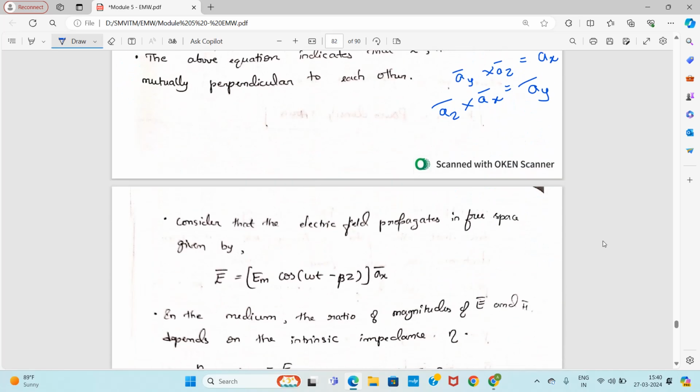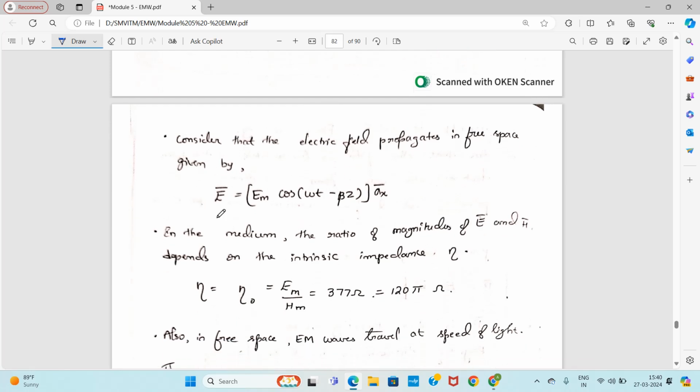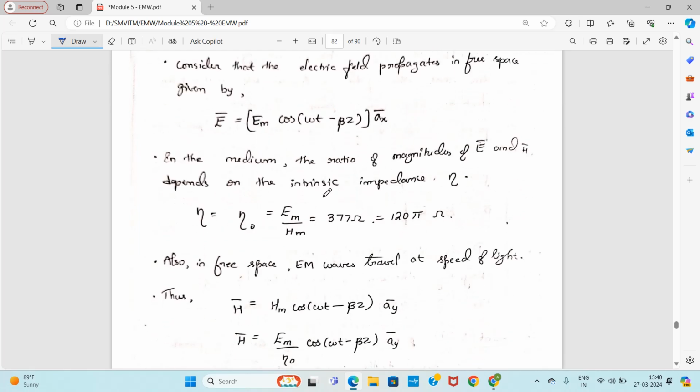Next, say I have an electric field wave which can be written as Em cos(omega t minus beta z) in the ax direction. This is the magnitude, and this is the phase of it. H can be calculated from Em by Hm is eta, so H is Em by eta. If I'm considering free space, the eta value is 377 ohms.